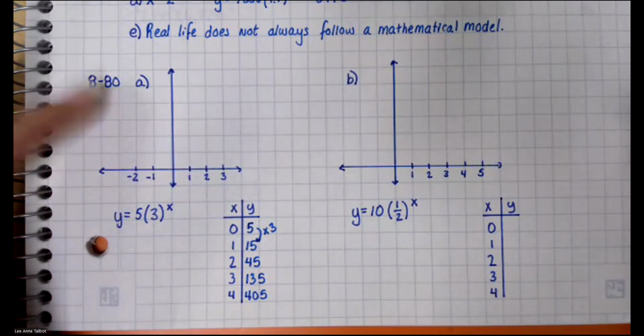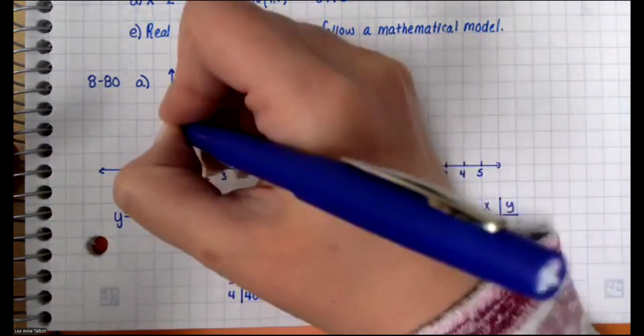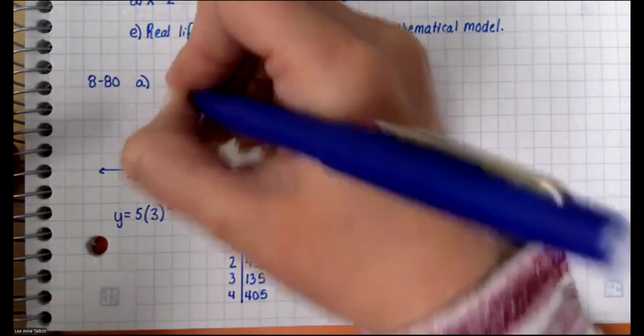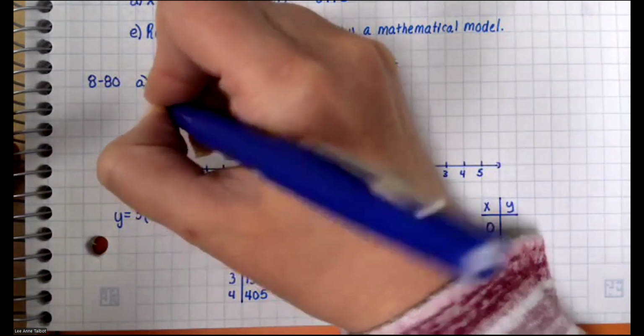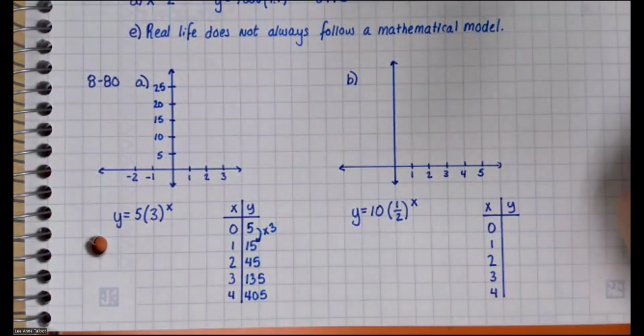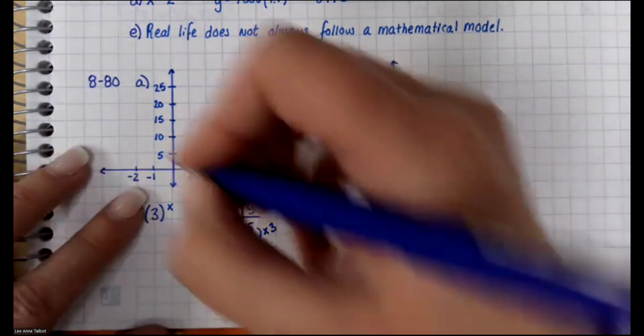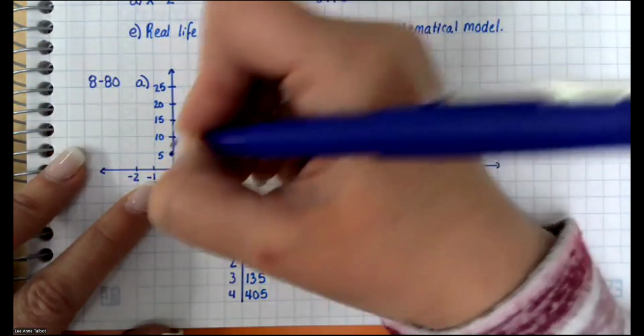Okay, so 0, 5. I suggest that we go by fives on the y-axis here. We might not be able to fit all of it, but we can get the general shape. So 0, 5, 1, 15.